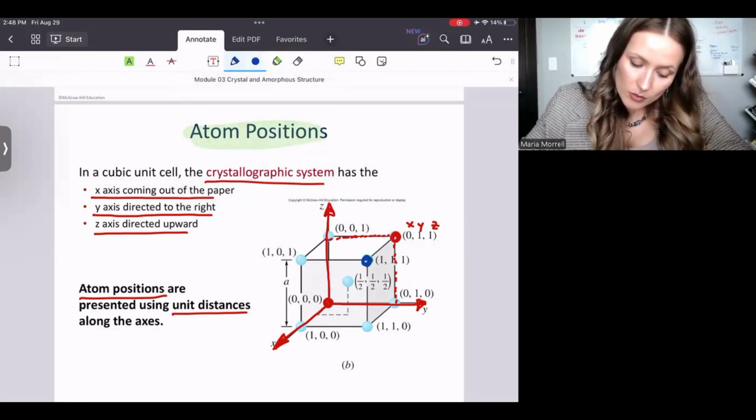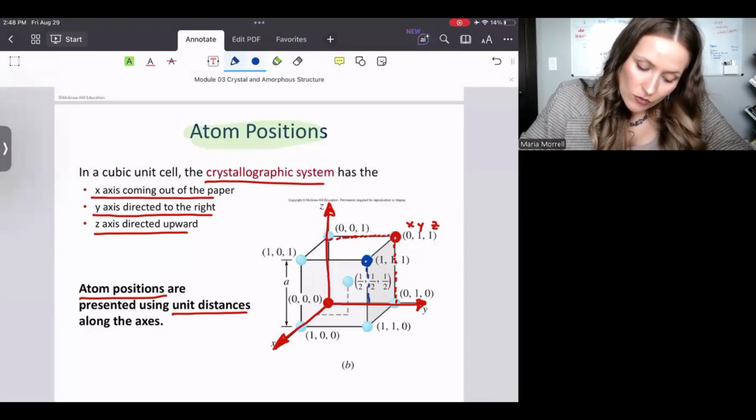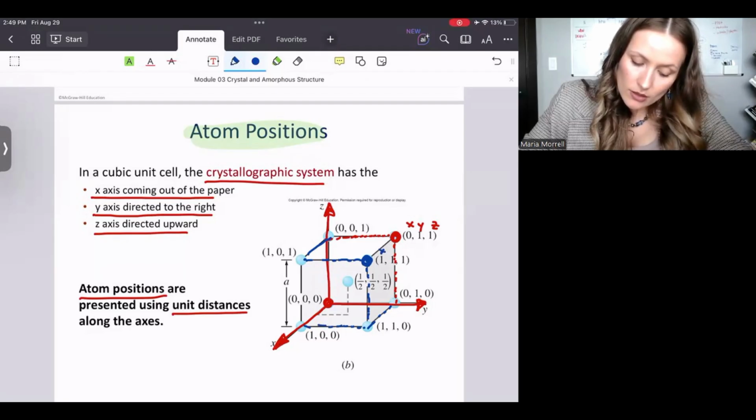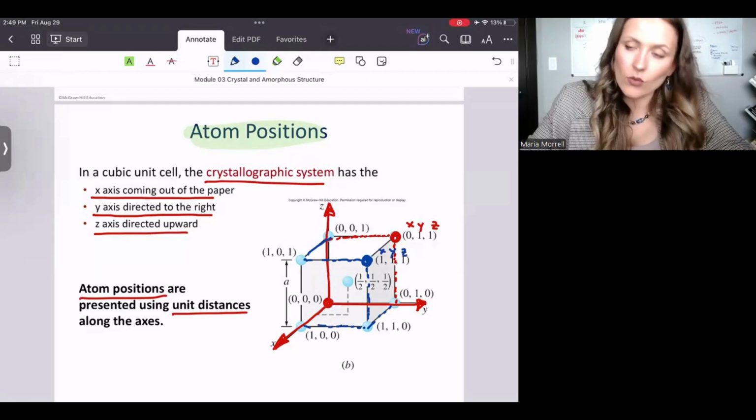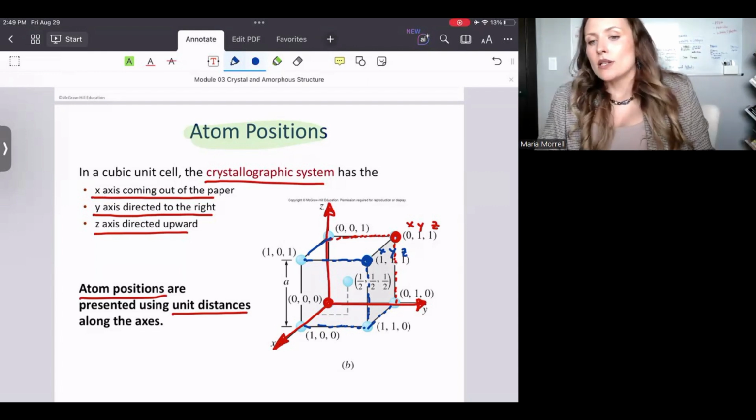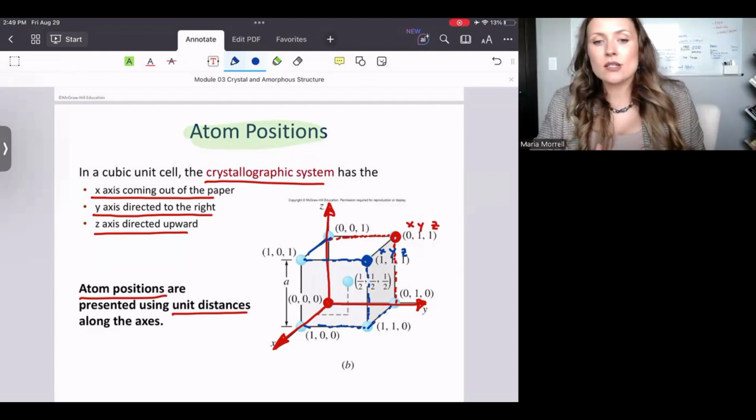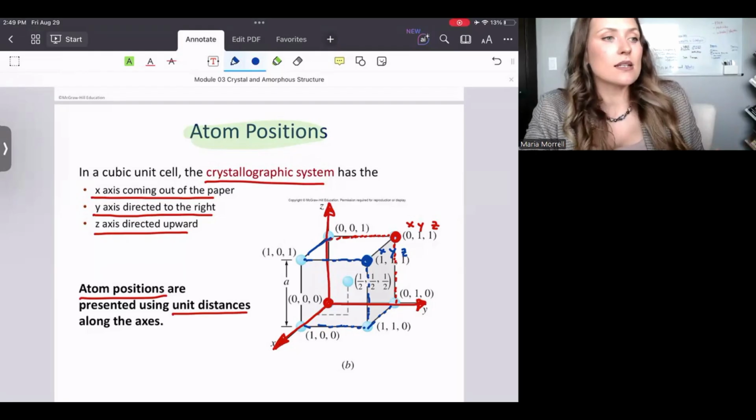Okay, so this one's going to be a bit more challenging because your Y is 1, your Z is 1, and your X is 1/2, and that's how you end up with 1/2, 1, 1, right? So once again, atom positions are just distances away from the origin, right?